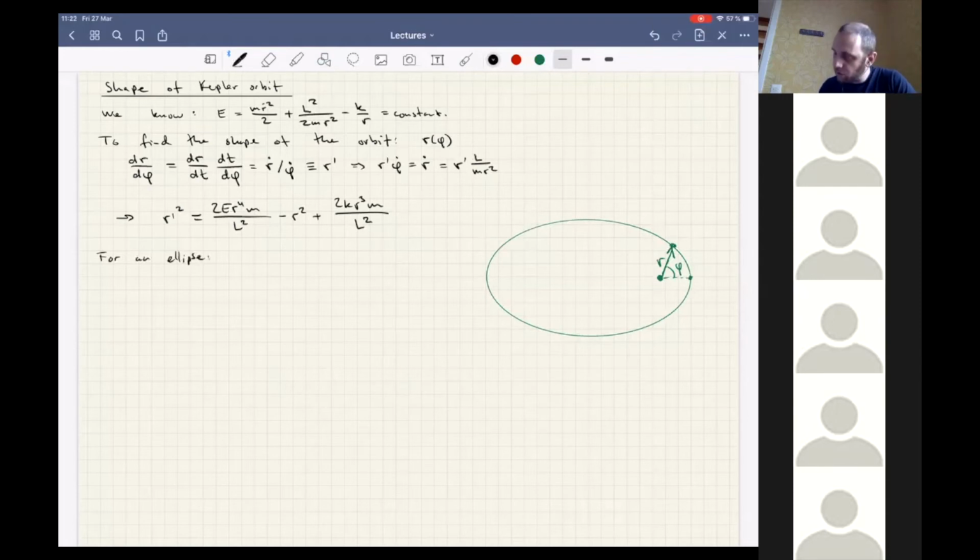I'm going to get the following expression: r of phi for an ellipse is equal to r0 divided by 1 plus epsilon cosine phi. And this epsilon is called the eccentricity of the ellipse.